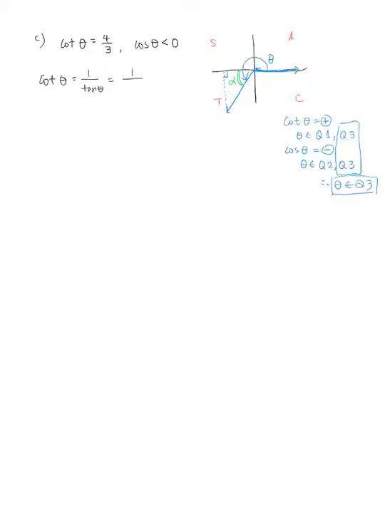So TOA, it's opposite over adjacent. Oops, that's adjacent. So the cotangent is going to be adjacent over opposite, but they're telling you that that's 4 over 3. So adjacent side, oh, that should be cosine of alpha. Sorry about that. We're talking about the reference angle.